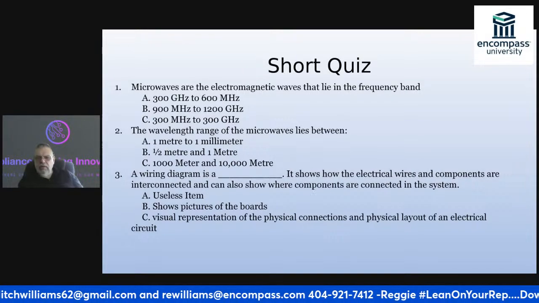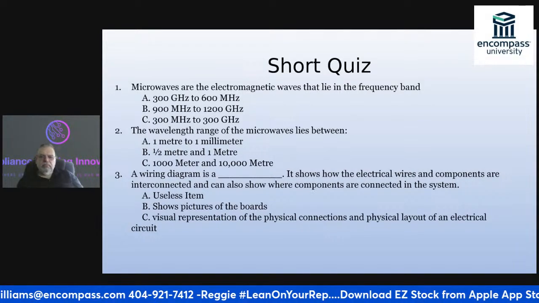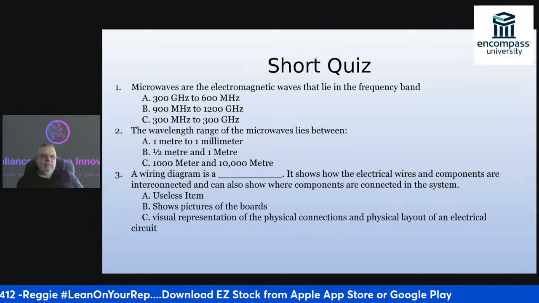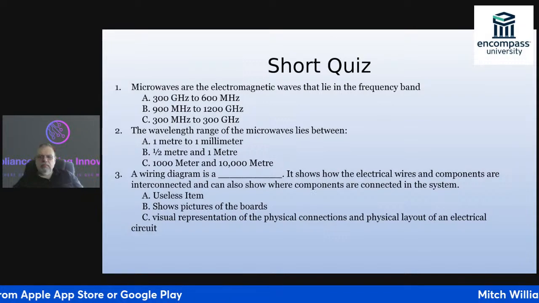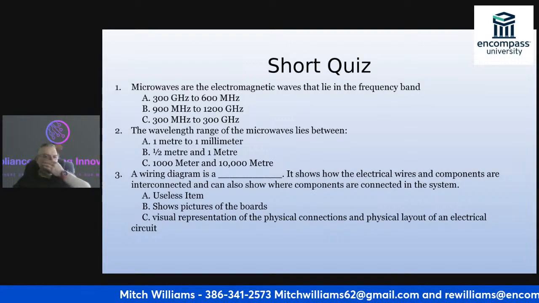Okay. Somebody give me a quick answer to that one. What's the answer to question number one? The answer to question number 1 is C. It's 300 megahertz to 300 gigahertz.